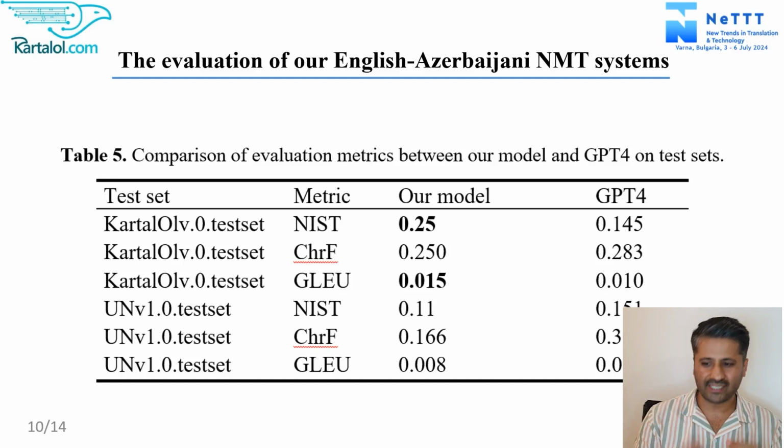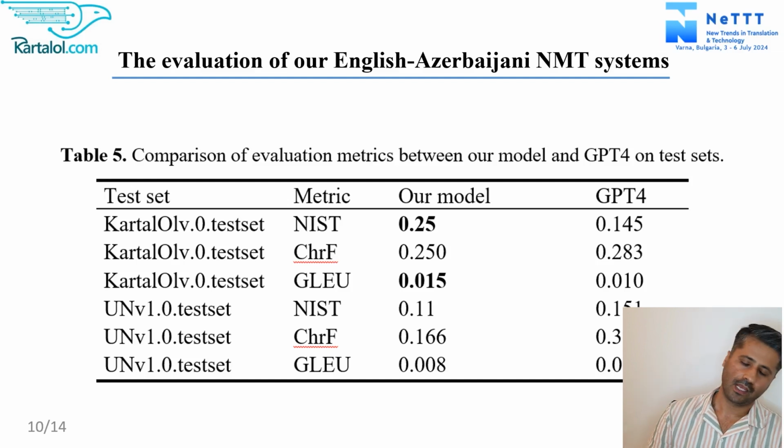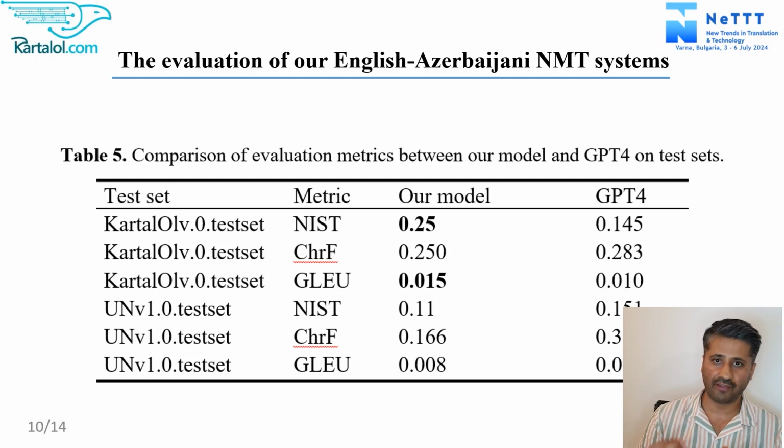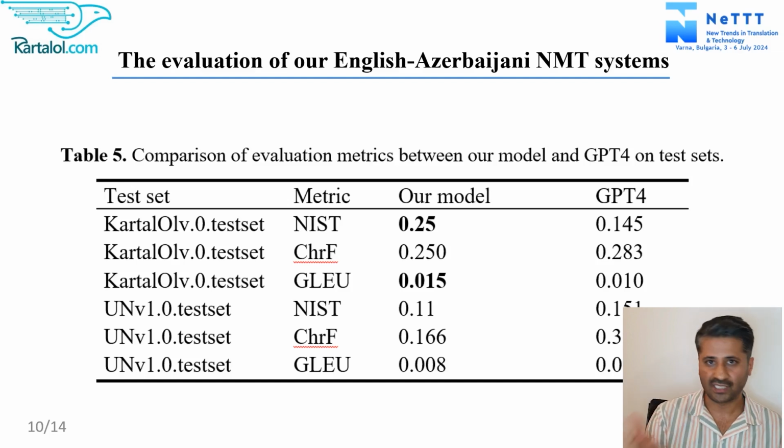The reason is that the data we have doesn't include the tokens or words of the test set in the United Nations dataset. If we had those tokens as well, I guess our model would work at least like GPT-4.